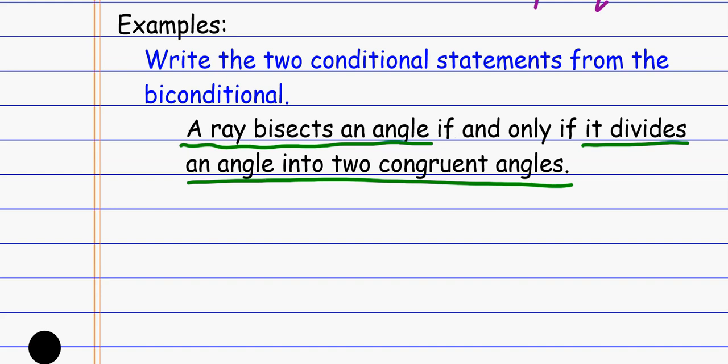So here's a biconditional statement. Let's split it back up. It says, if an angle, and I'm just going to use the angle symbol to abbreviate a little bit, and you can do the same thing. I won't care if you abbreviate.